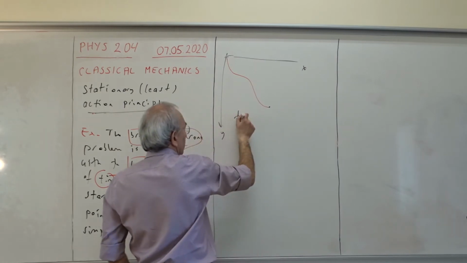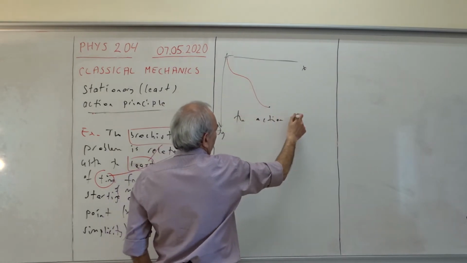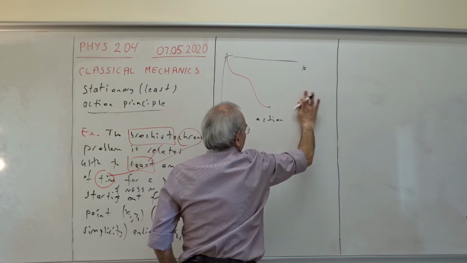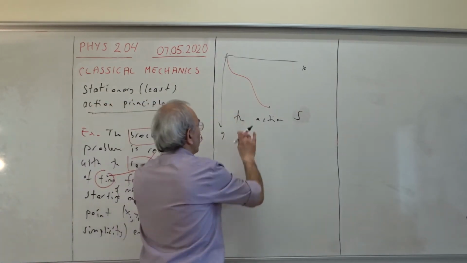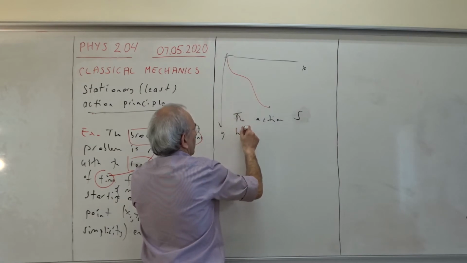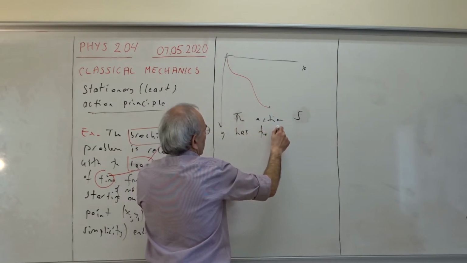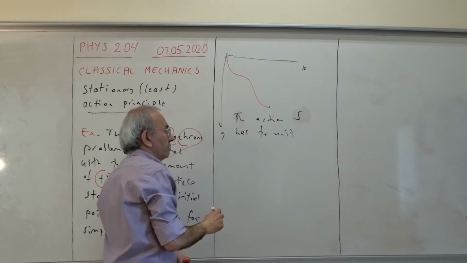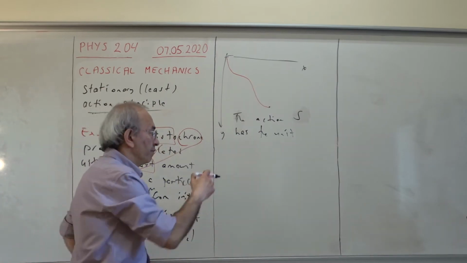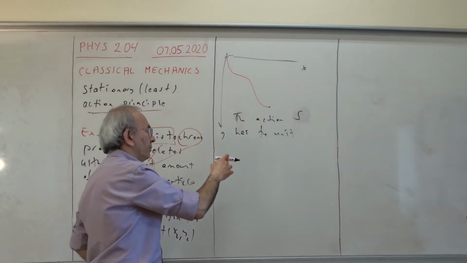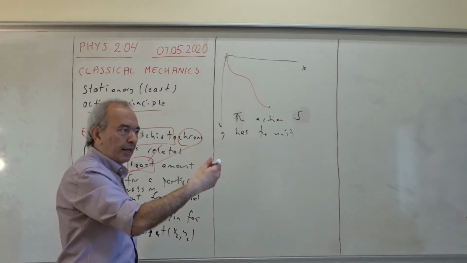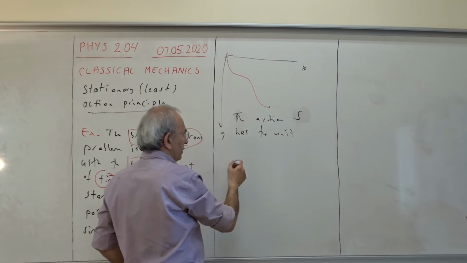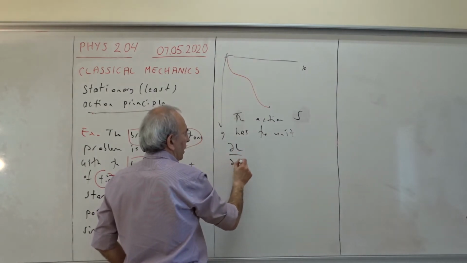So the action, A or S, we have used S in the previous analysis, has the unit of Lagrangian times time. Remember that d by dt of del L by del x dot, or del L by del x, for instance.